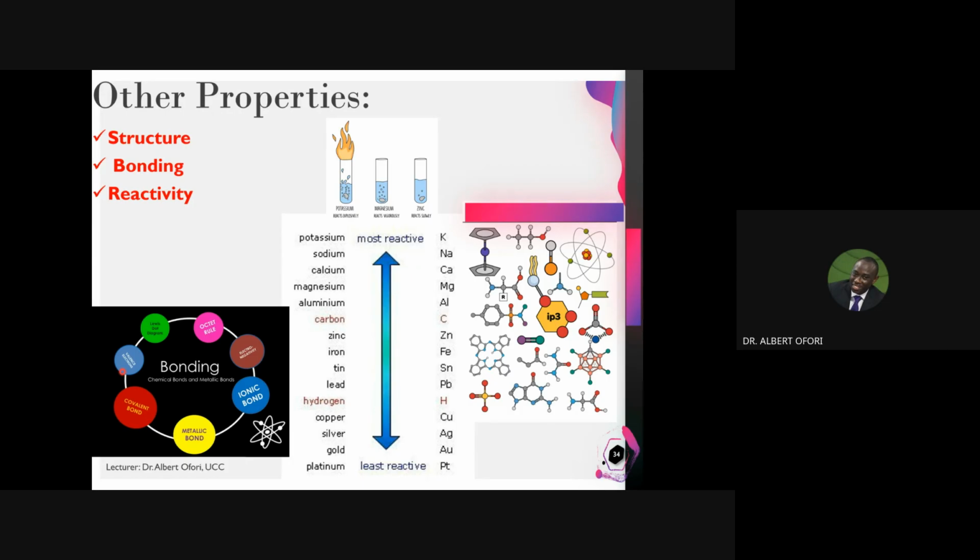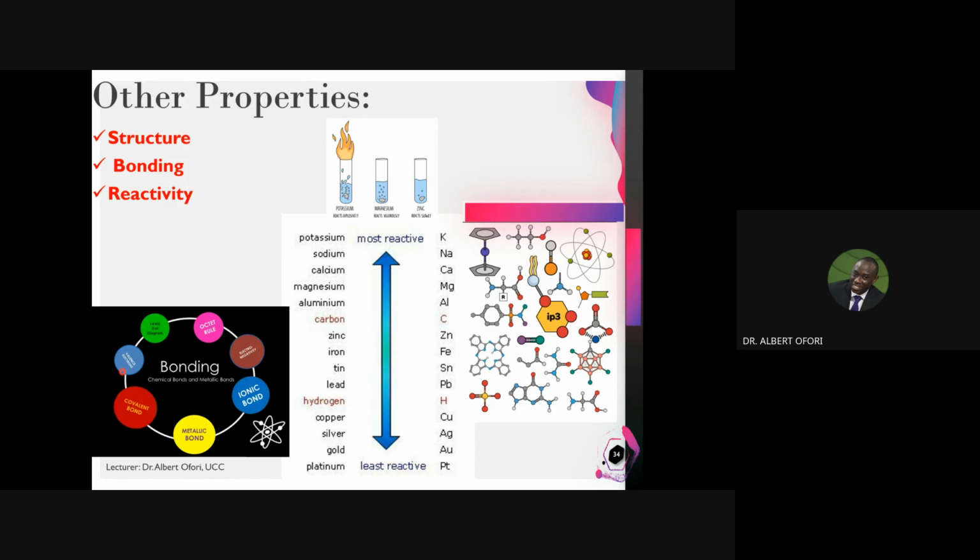Yes, it's possible because of the bondings that we have, and I've explained that part. But then other properties like reactivity, we'll see that when we have these elements and they want to engage themselves, there's going to be some changes with this element when it meets with something.